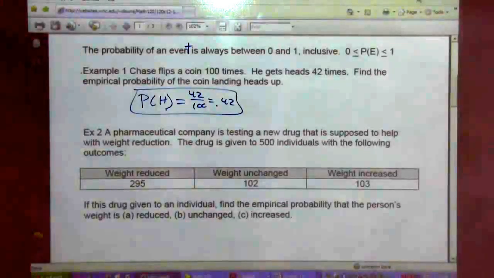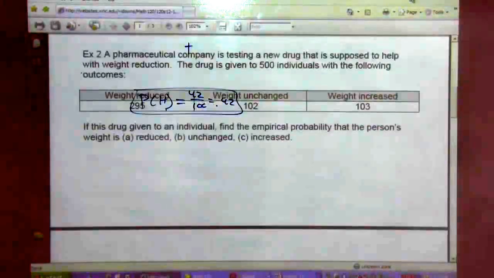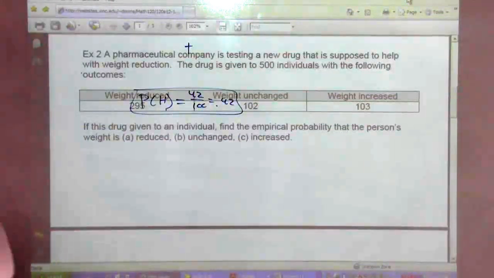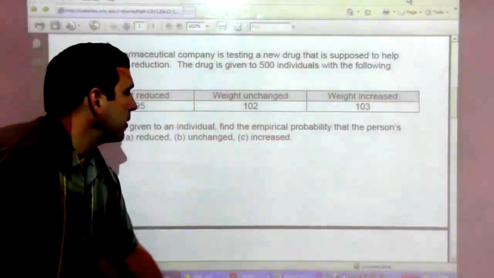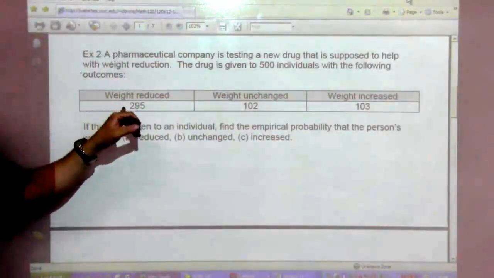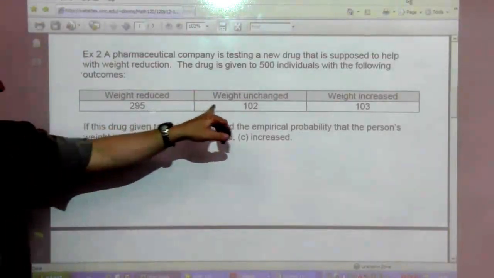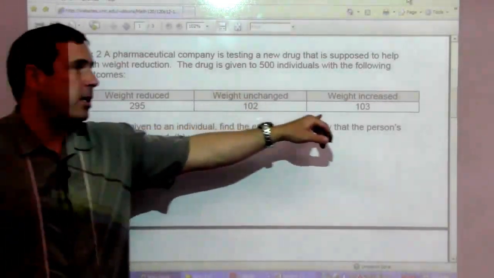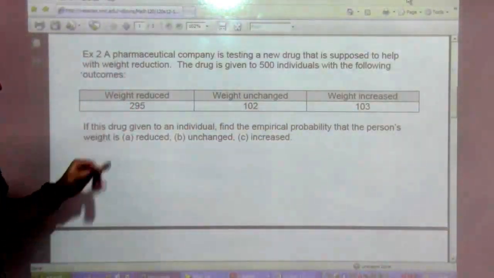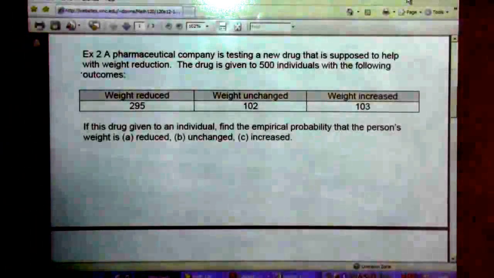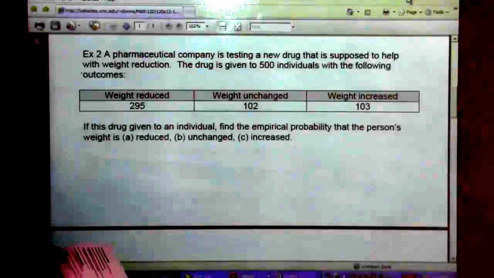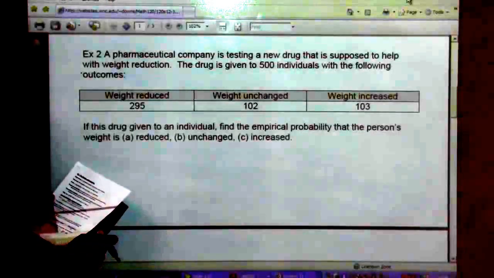Next one, a pharmaceutical company is testing a new drug that is supposed to help with weight reduction. The drug is given to 500 individuals with the following outcomes: weight reduced in 295, weight unchanged for 102, weight increased for 103. If this drug is given to an individual, find the empirical probability of the person's weight being reduced, unchanged, or increased.